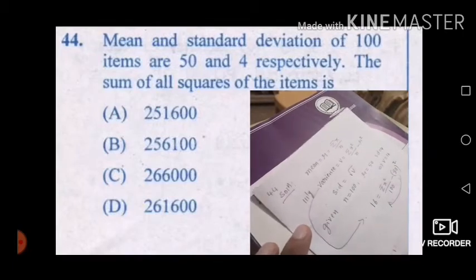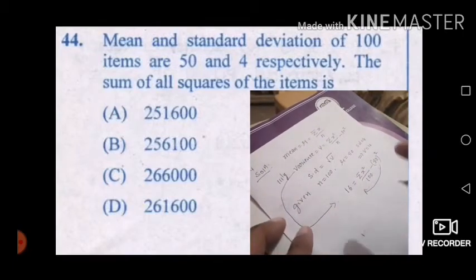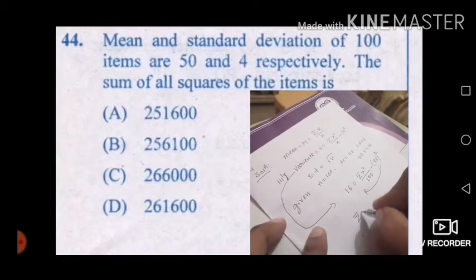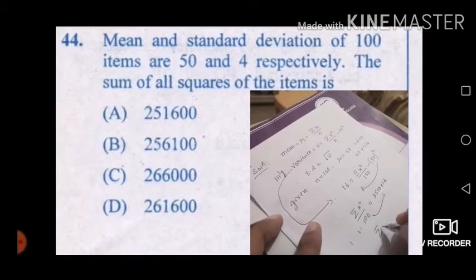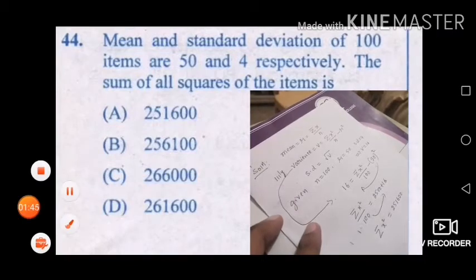We have to find the sum of all squares. Transfer this 50 square to the left hand side. We got summation x square by 100, which is equal to 2500 plus 16. Cross multiply. We got the sum of all squares of the items, which is equal to 1600. So option A is correct.